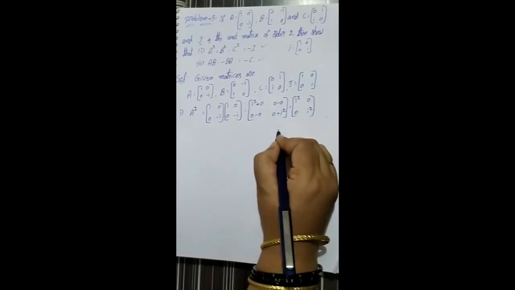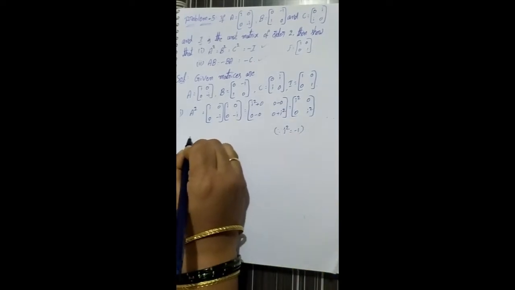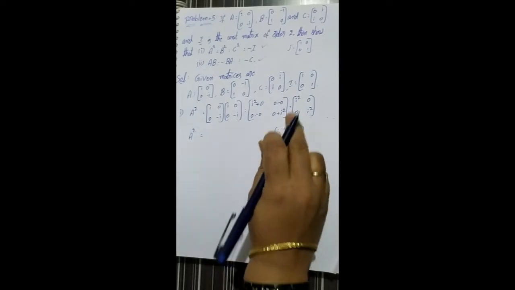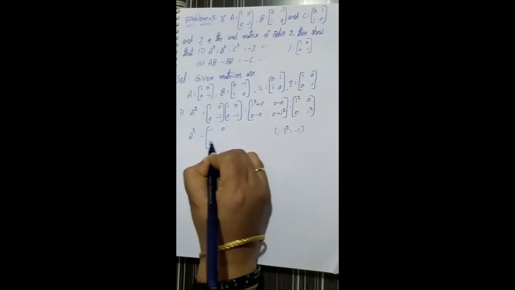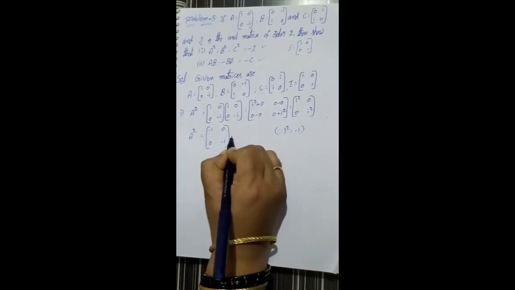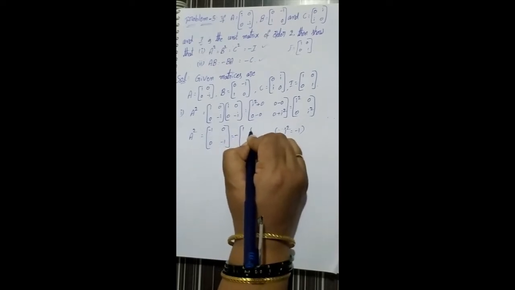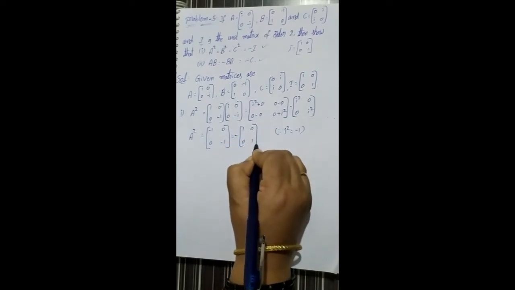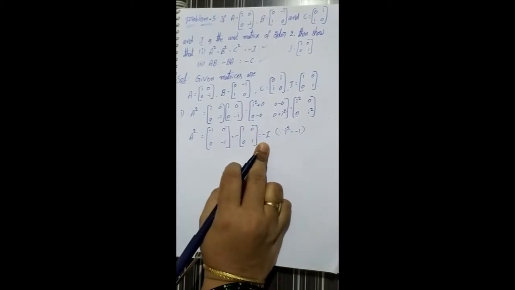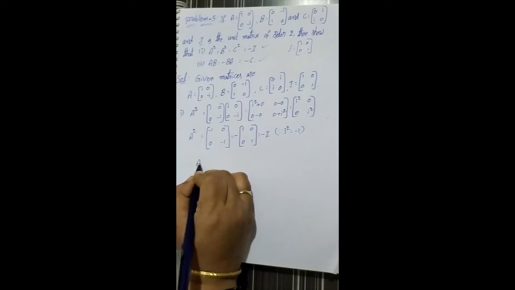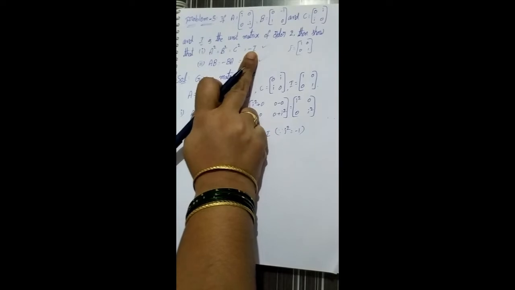We know the value of i squared is minus 1. So A squared equals, substituting i squared equals minus 1, the matrix [-1, 0; 0, -1]. In this matrix, we take minus as common, then minus of [1, 0; 0, 1]. That matrix [1, 0; 0, 1] is the unit matrix I. That is A squared equals minus I.